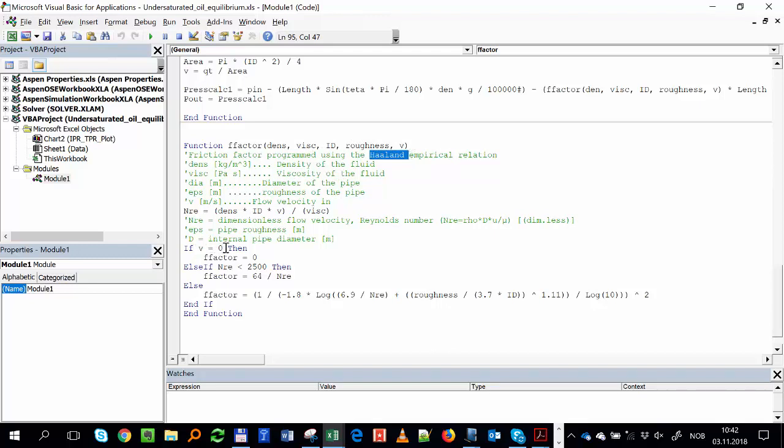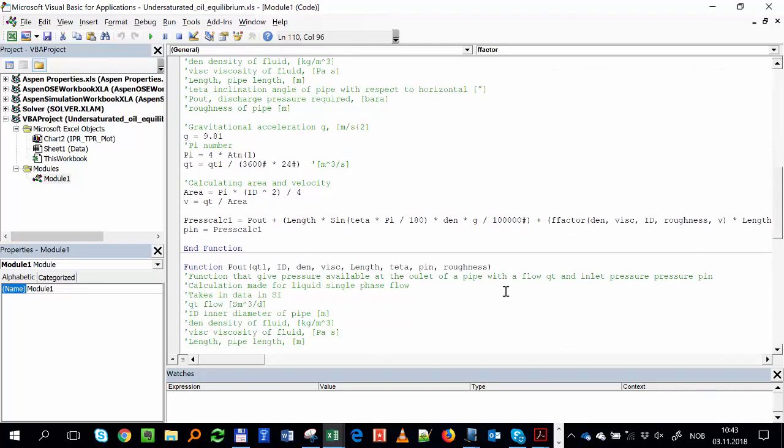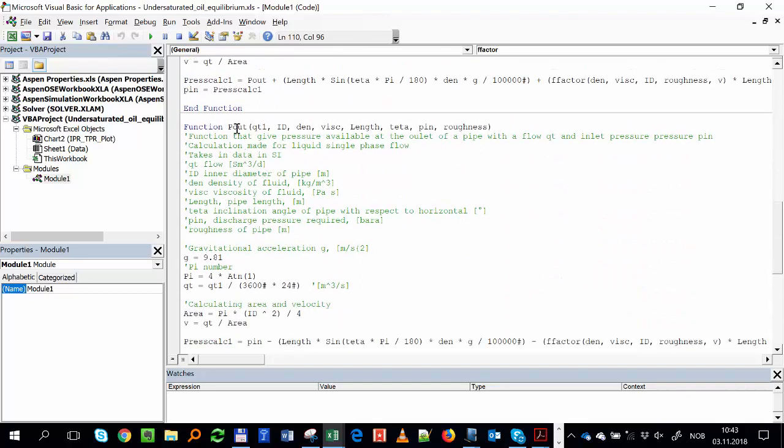If velocity is 0, then friction factor is 0, because I have no flow. If I'm in the laminar region, I use the laminar friction factor. If not, I use the equation by Holland. So that equation, P required, uses the friction factor function, and then I have P out, P2.